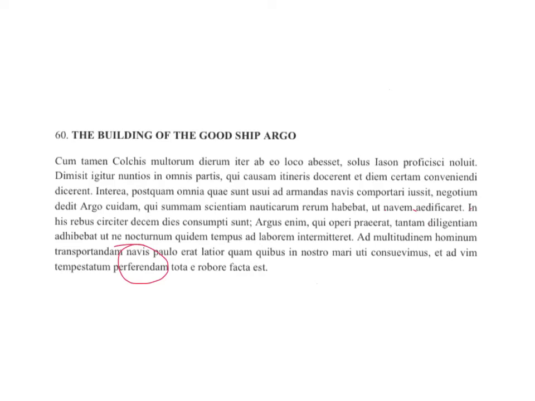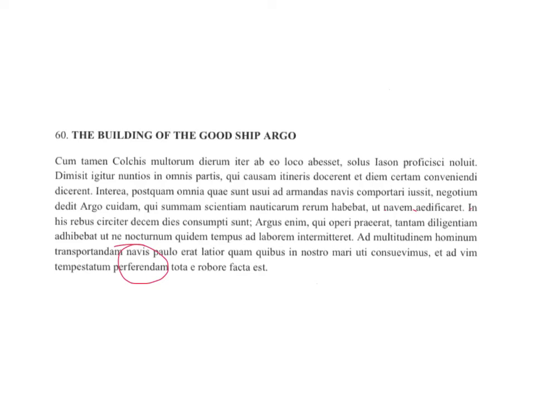So, and it was made completely out of oak for the purpose of the strength of a storm to be, what's the word that I'm looking for? Perferendam, literally to be taken, to be suffered, to be allowed. And it was made completely out of oak in order, let's say withstand would be good. In order to withstand, let's turn it from passive into active because it sounds better. In order to withstand the strength of a storm.